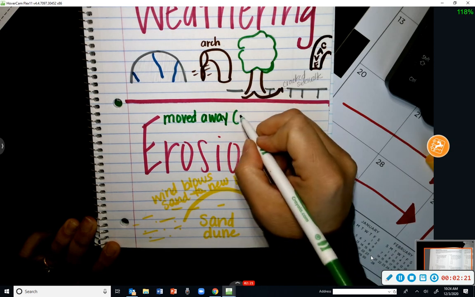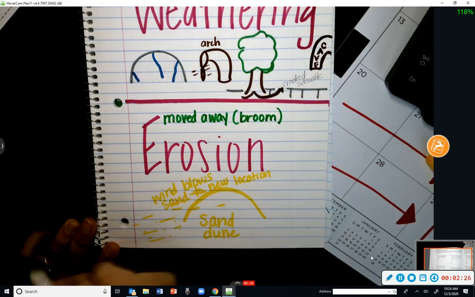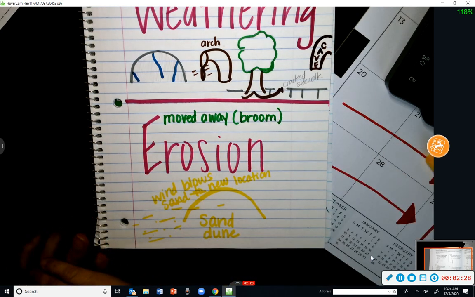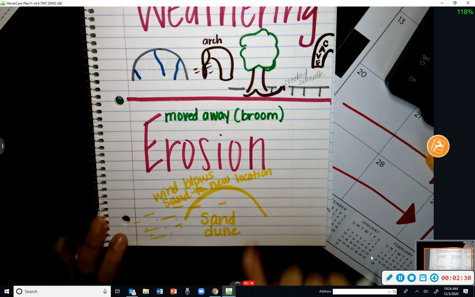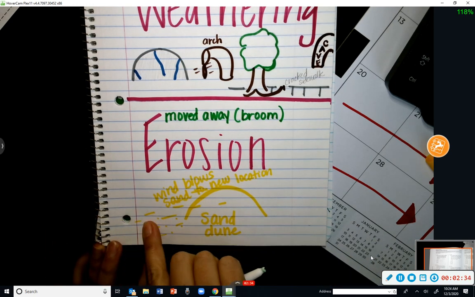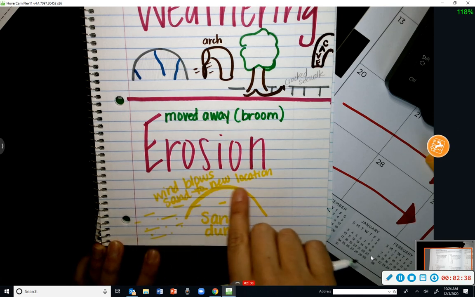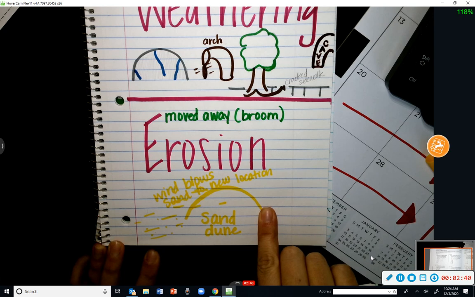So we think of it as like a broom being swept away. So I drew wind blowing sand to form a sand dune. If my sand was over here nice and flat on the ground, it's being blown into a pile that now forms this little hill. It's called a sand dune.